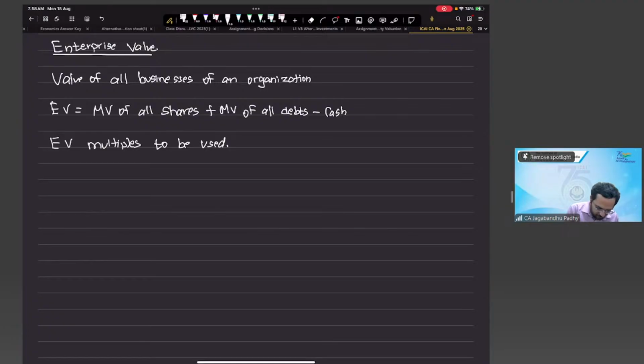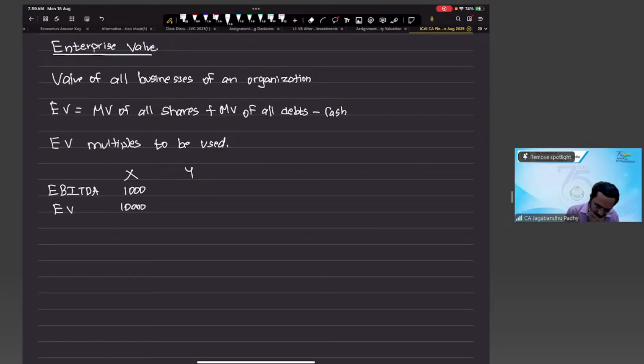So we may have various multiple values. Let's say we've got two companies X and Y. There we find their EBITDA and their enterprise values. EBITDA of X is, let's say, 1,000, and the enterprise value is, let's say, 10,000.